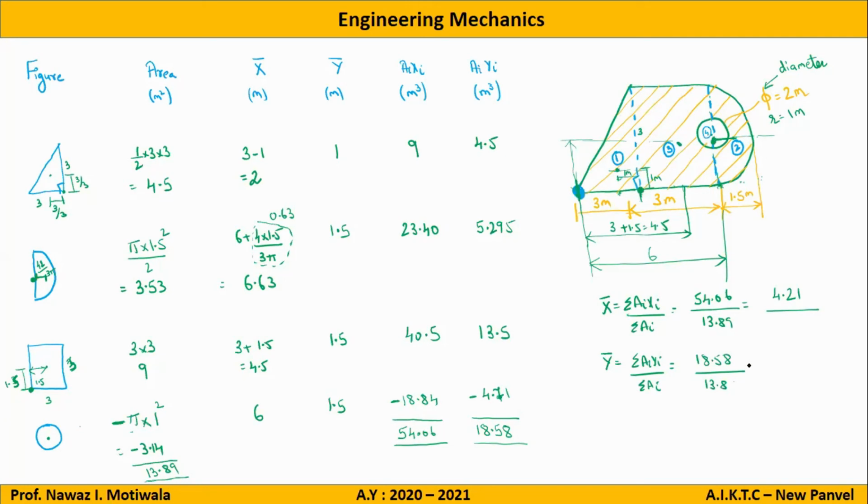So it will be somewhere around 1.33. So finally, I will write the centroid of this shaded region as x comma y, that is 4.21 comma 1.33, and it was in meters. Okay, so this completes the problem.